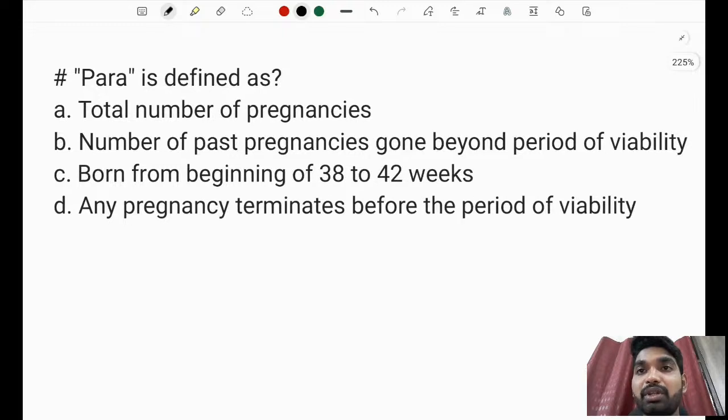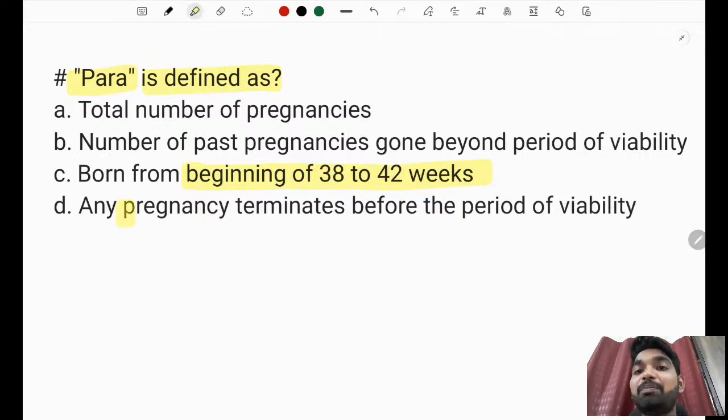Alright, now coming to the next MCQ. Now tell me, para is defined as, what do you mean by para? Option A, total number of pregnancies. Option B, number of past pregnancies gone beyond period of viability. Option C, born from beginning of 32 to 42 weeks.